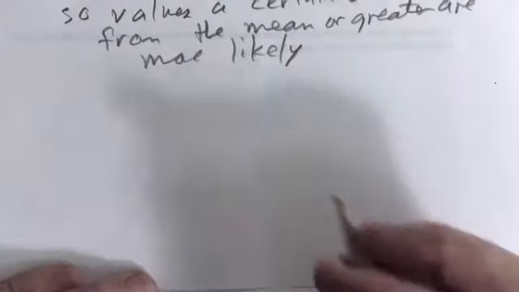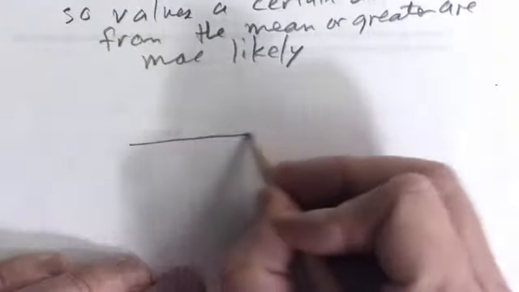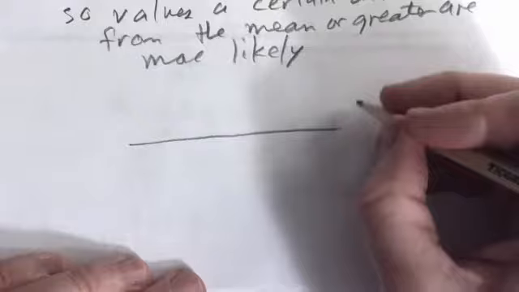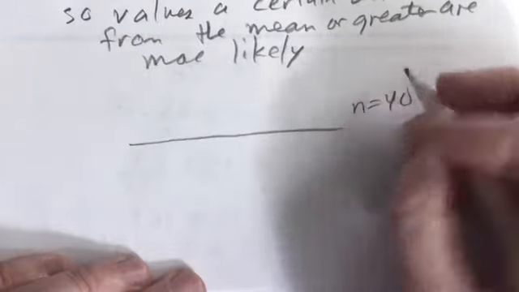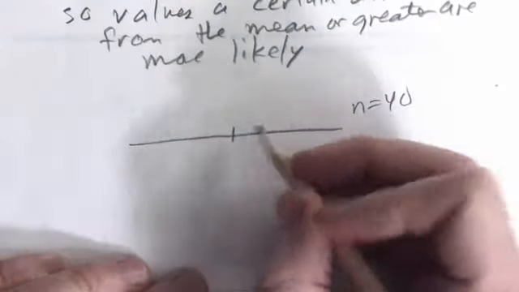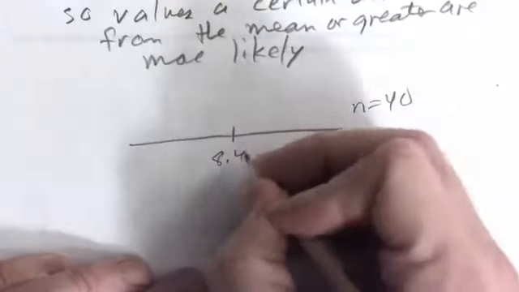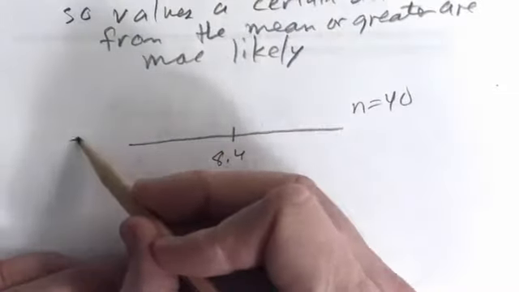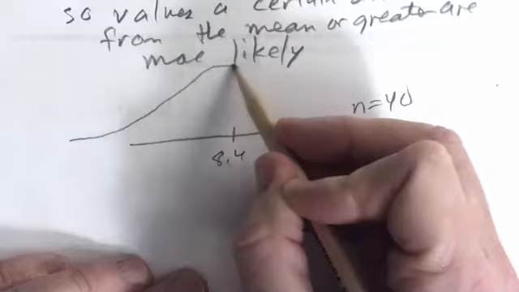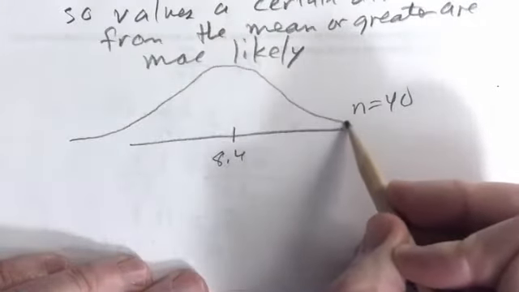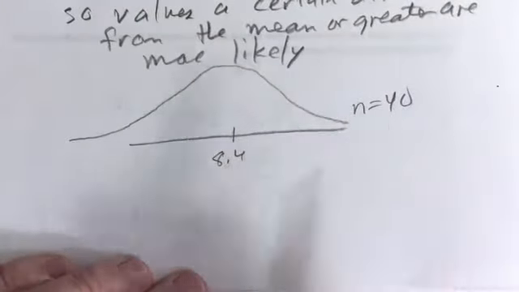But what's going on here is this: the sampling distribution, all the possible values of X bar, let's say our sample size is 40. Here's our mean, which in this case is 8.4. And our X bars, if we were to graph them, would look something like this. Let's say it'd definitely be normal because this is certainly bigger than 30.